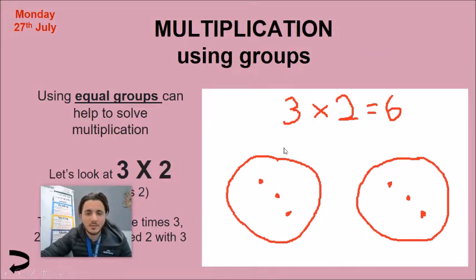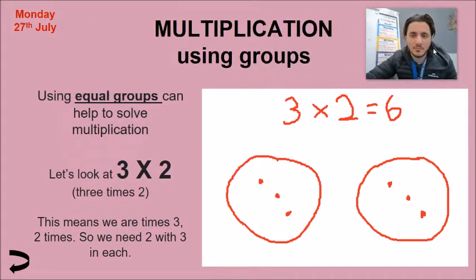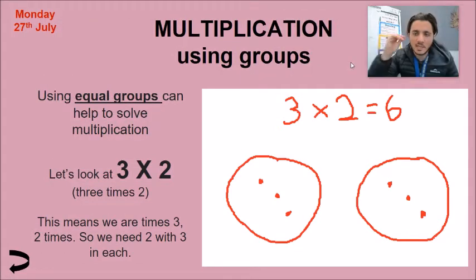Here is how I've worked out 3 times 2. Using equal groups is the strategy we're going to focus on this week. Using equal groups can help solve multiplication. I know some of you might know the answer off the top of your head. That's great, but I want you to know exactly how to work them out. This means we are timesing 3, 2 times.